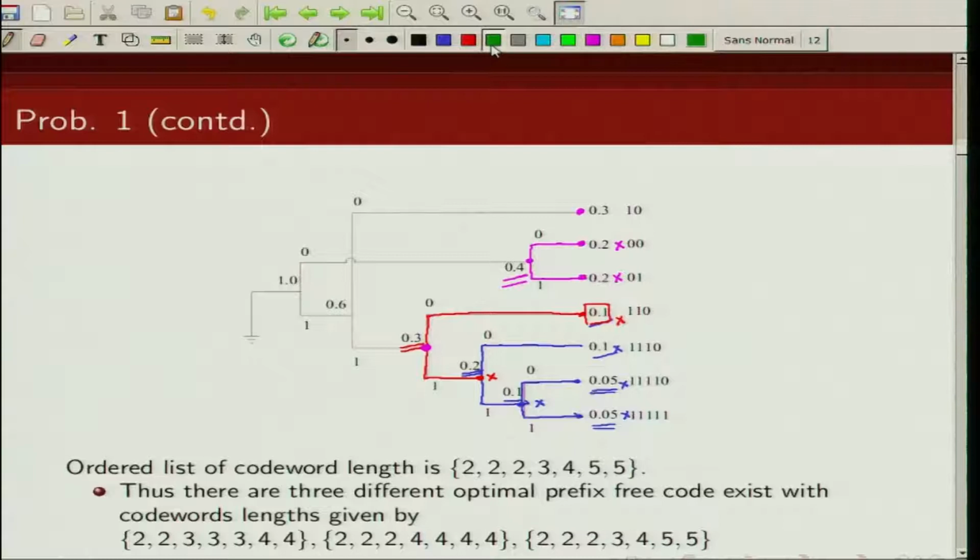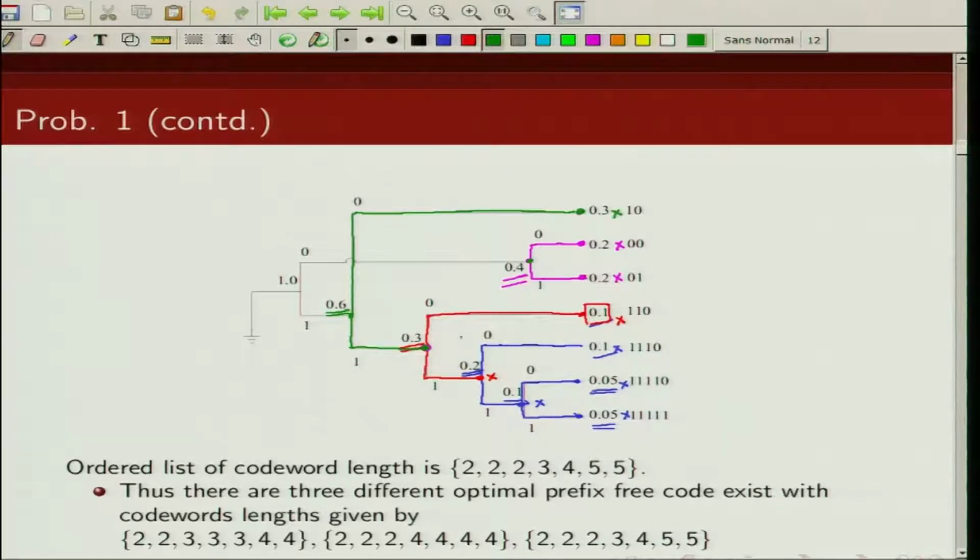So now I have an active leaf with probability 0.3, an active node with probability 0.4, an active node with probability 0.3. So I will combine these 2, which have probability 0.3, and create a new node which has probability 0.6. Finally I combine my active nodes.